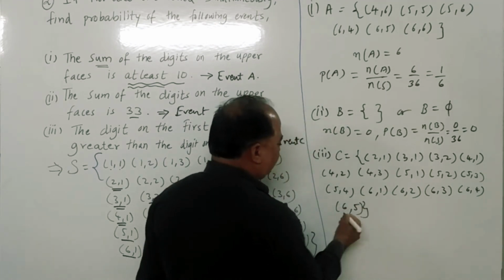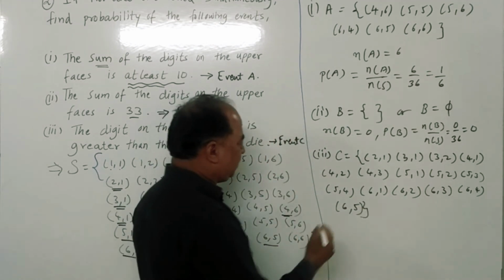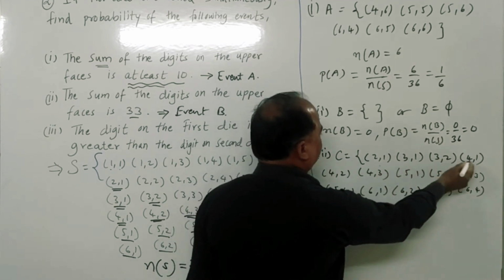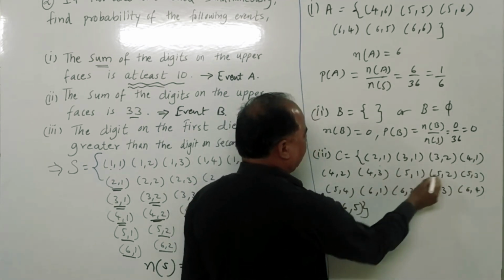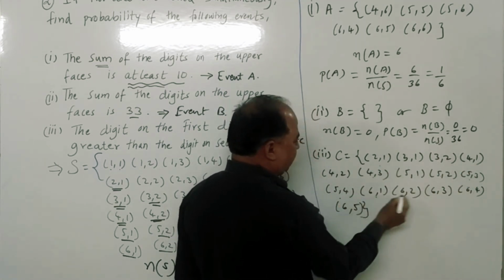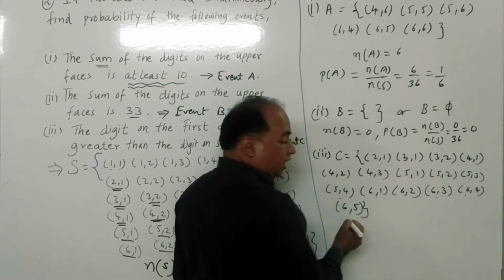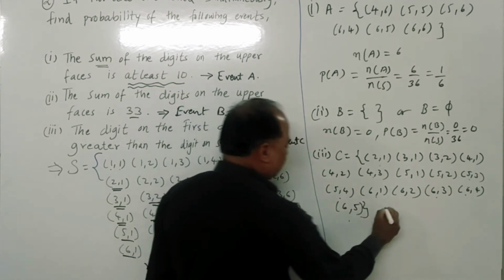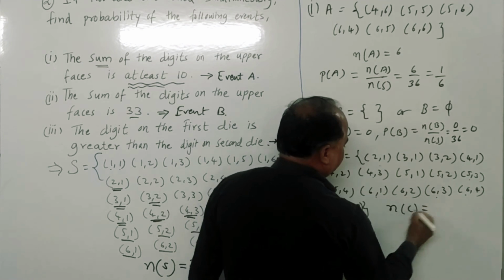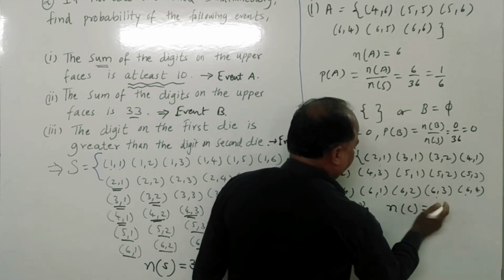So the number of sample points in C are 1, 2, 3, 4, 5, 6, 7, 8, 9, 10, 11, 12, 13, 14 and 15 sample points. So the number of elements in C is equal to 15.